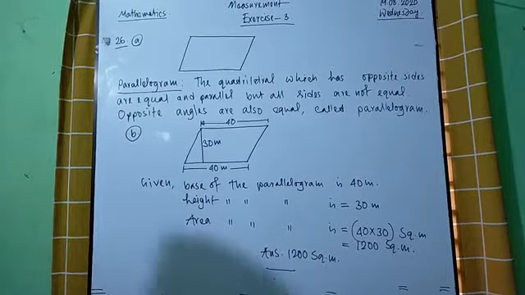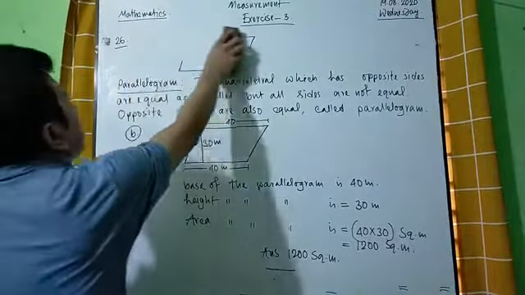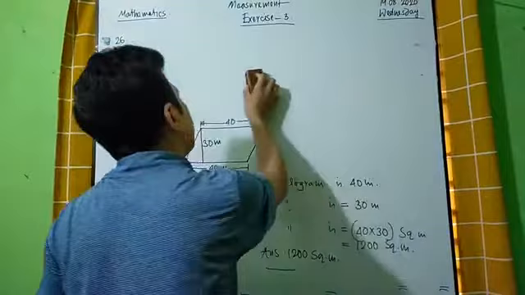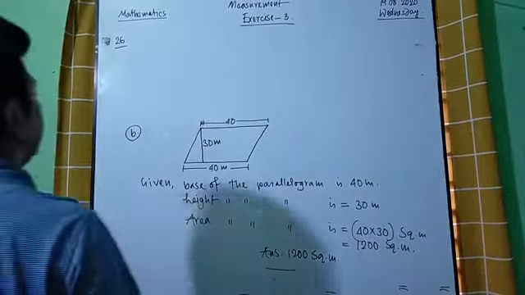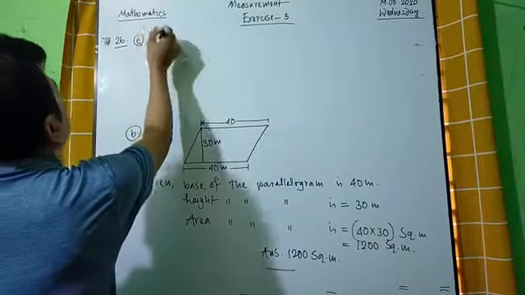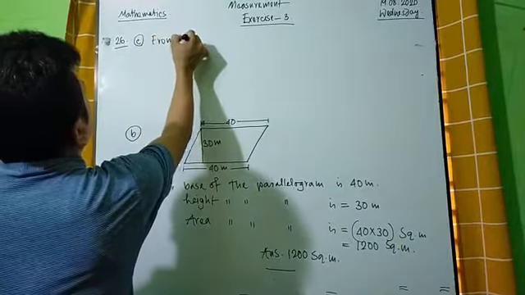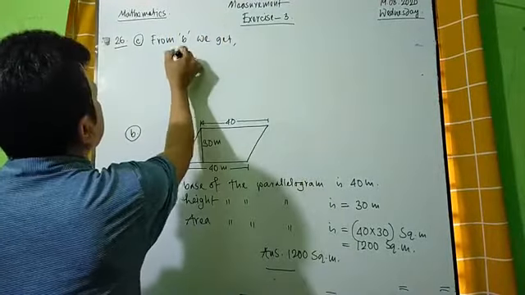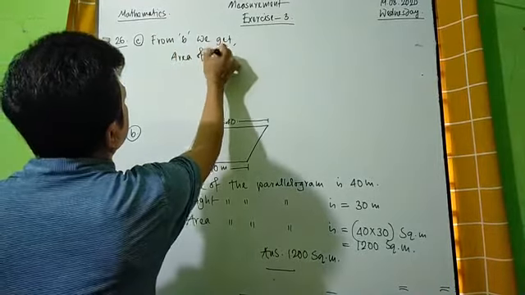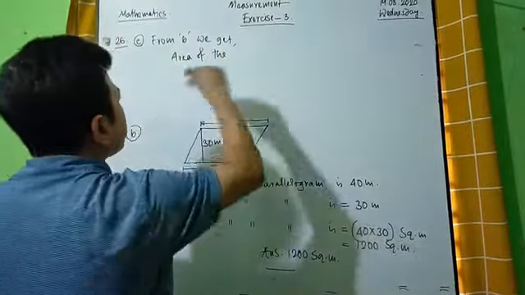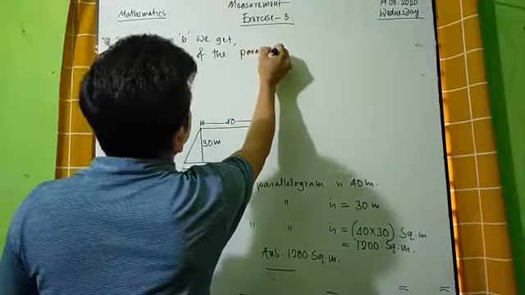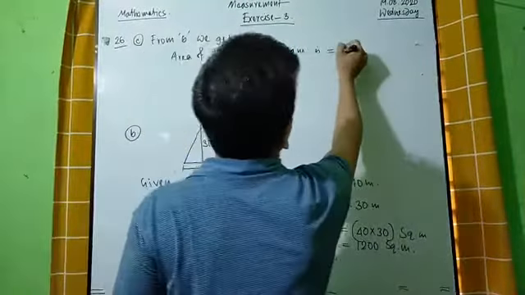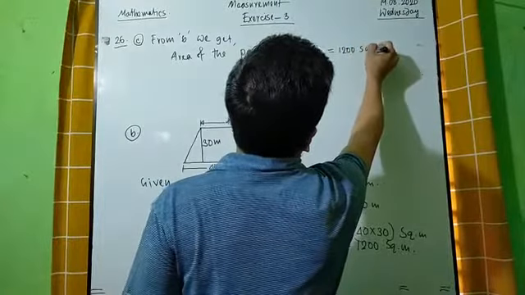Okay, so we are going to number C. From B we get area of the parallelogram is equal to 1200 square meter.